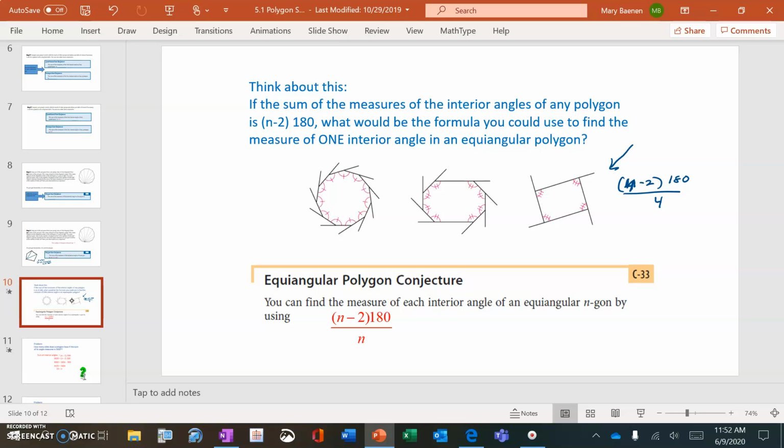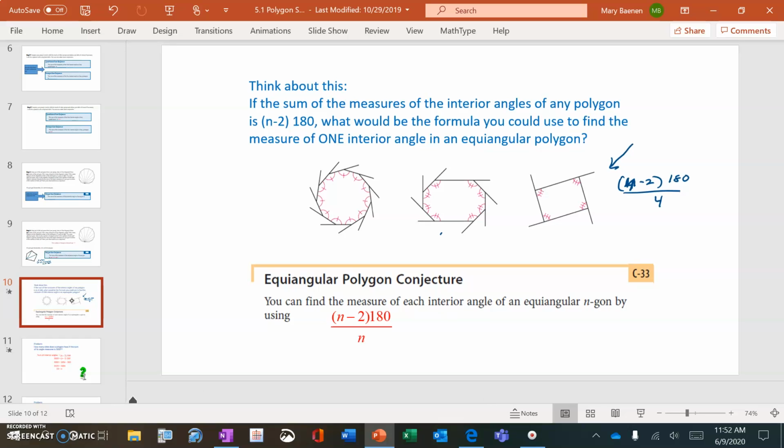Okay. If I have 1, 2, 3, 4, 5, 6, 7, 8, so this has 8 sides. So this would be 8 minus 2 times 180 for the sum of all of the interior angles. But then I have 8 of them that are all equal. So if I divide that total sum by 8 equal ones, that will give me the measure of one of the interior angles.